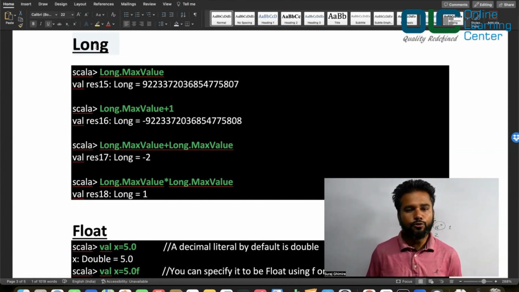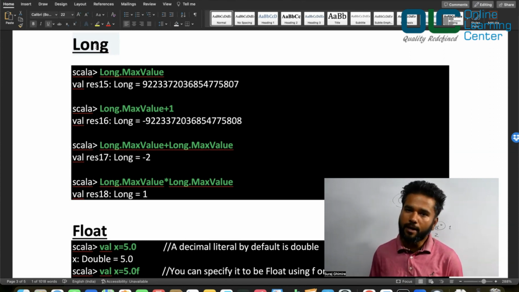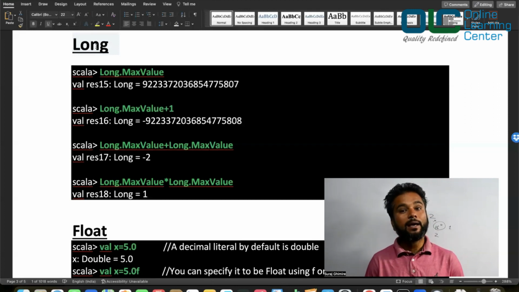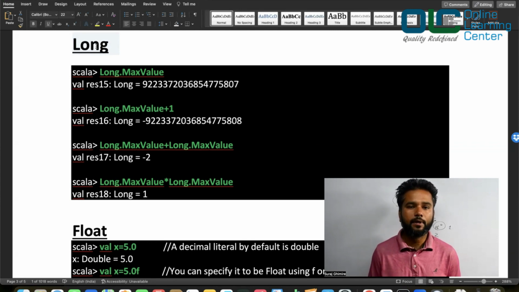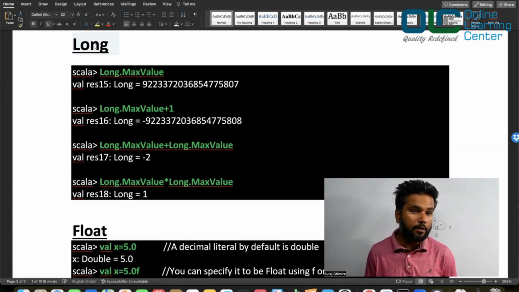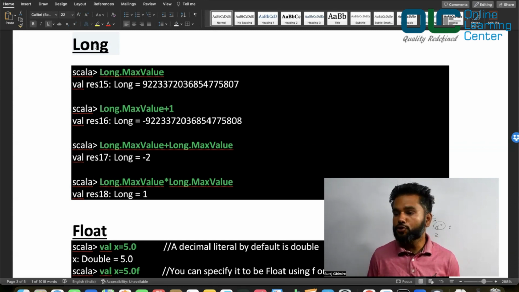But we use long rarely in production unless the situation demands. For example, say I want to store the bank balance of a customer, and let us assume there is no concept of paisa, only rupees, like 50,000. I'm just giving an example. If you are sure that you are going to store only the integer part and you don't care about the decimal value, then you can go ahead with long if integer is not enough. It depends on the use case.